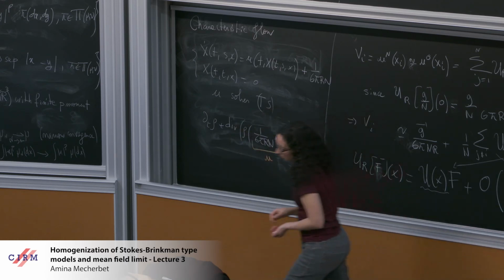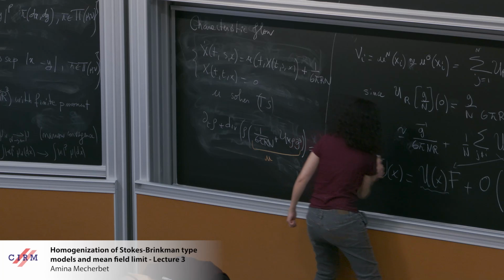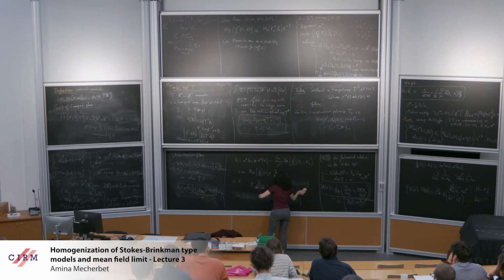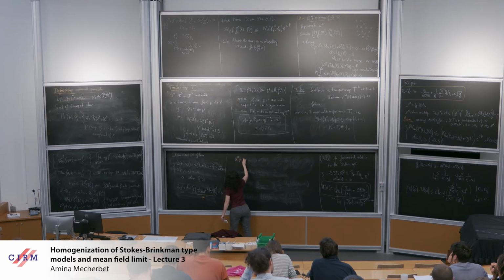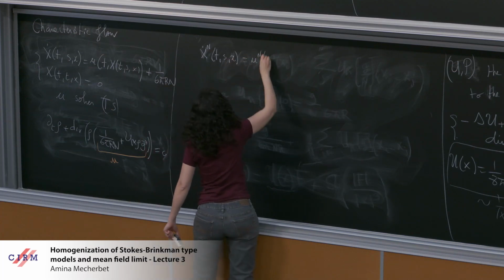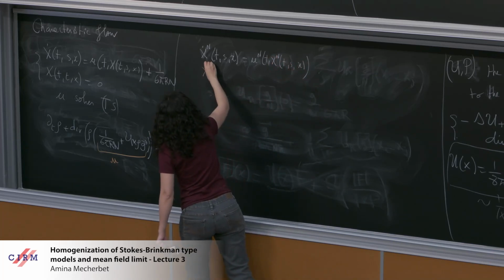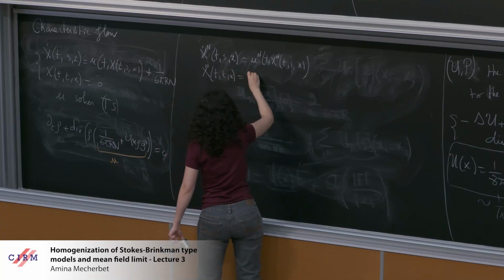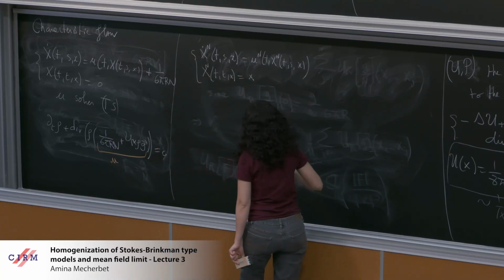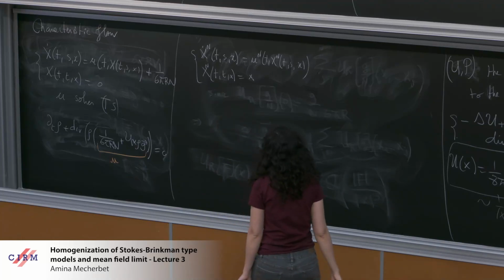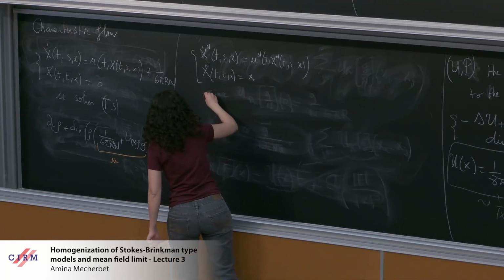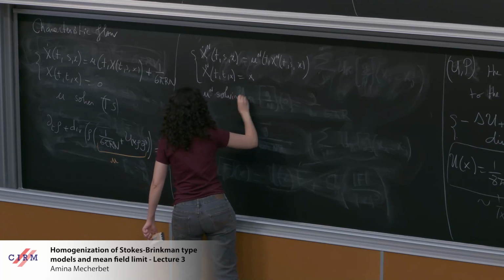Okay. And we do the same for the microscopic because of the system of ODEs. We know that we can construct a characteristic flow for n, where un solves the microscopic system that I erased, that I had called Sn.